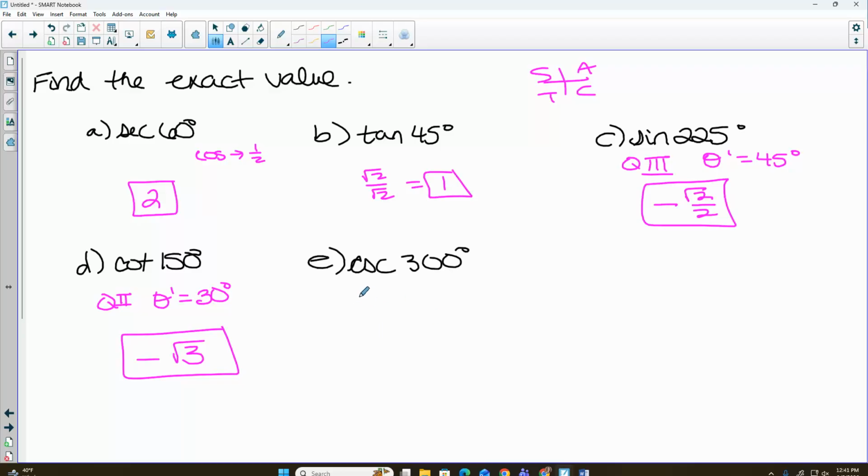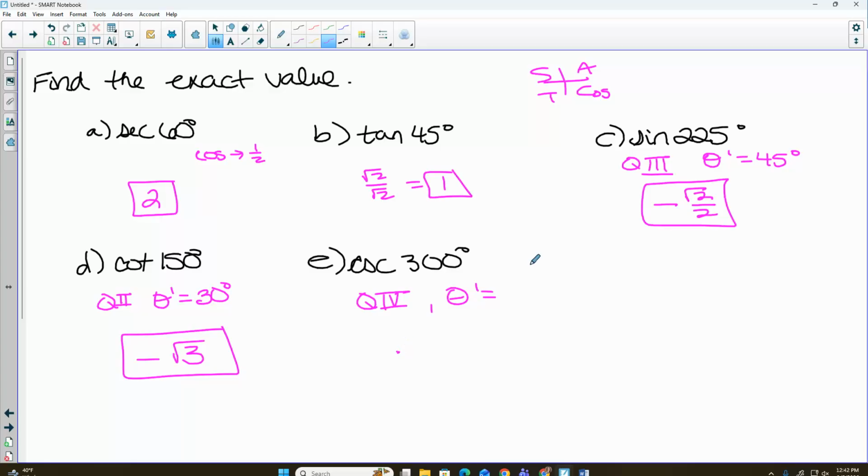Last one, cosecant of 300 degrees. What quadrant is 300 in? Reference angle. Oh, sorry, let's talk about positive and negative. C is for cosine up here. So cosine is positive, so cosecant would be? Cosecant is the reciprocal of sine.